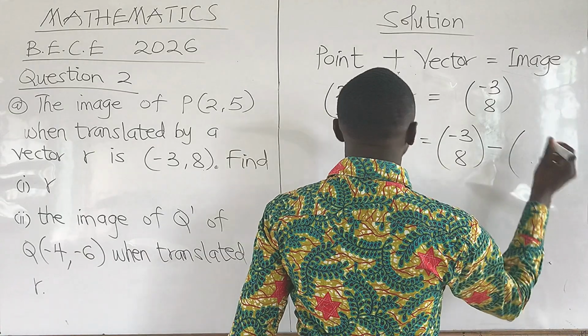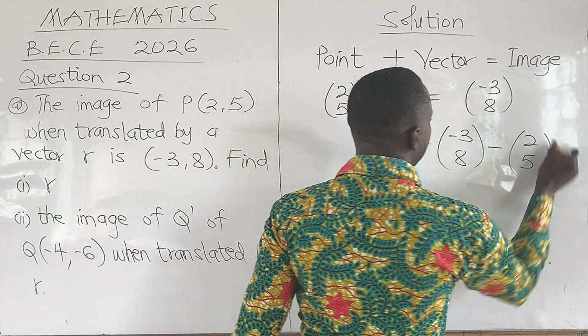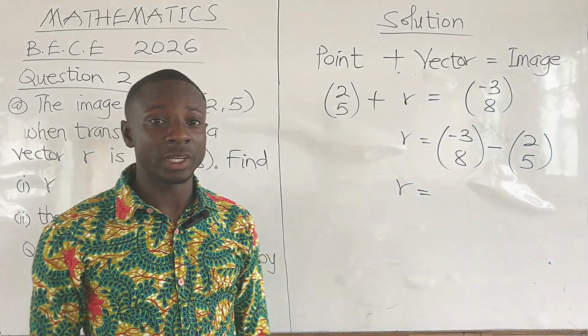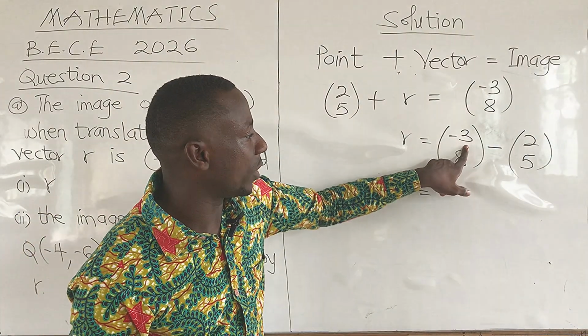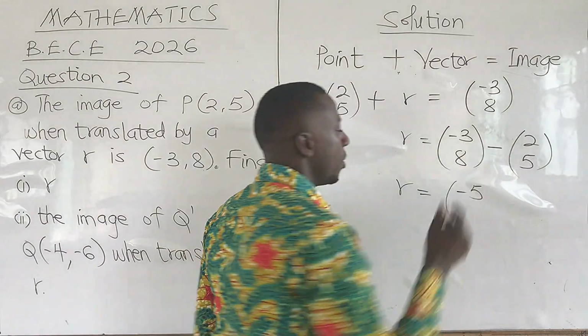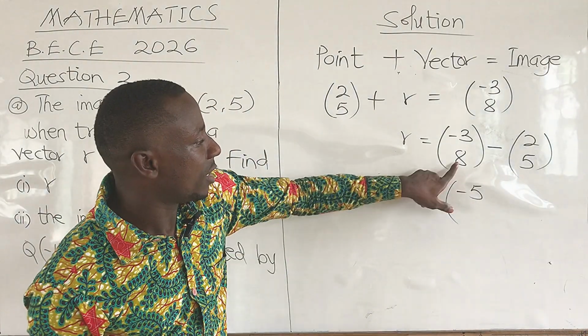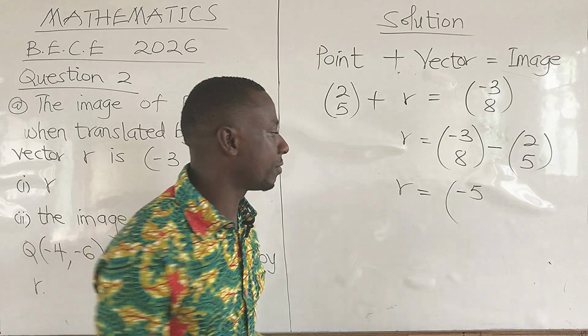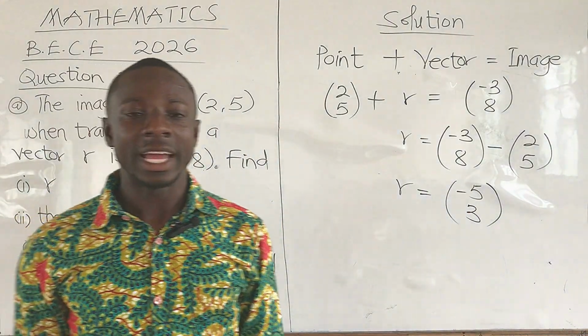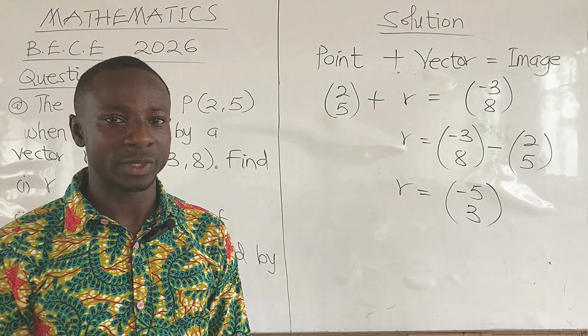We are getting minus (2, 5). So from here, we are just going to evaluate. So we have -3 - 2, which gives us -5. Then 8 - 5, we are getting +3. And this was the A part of the question.